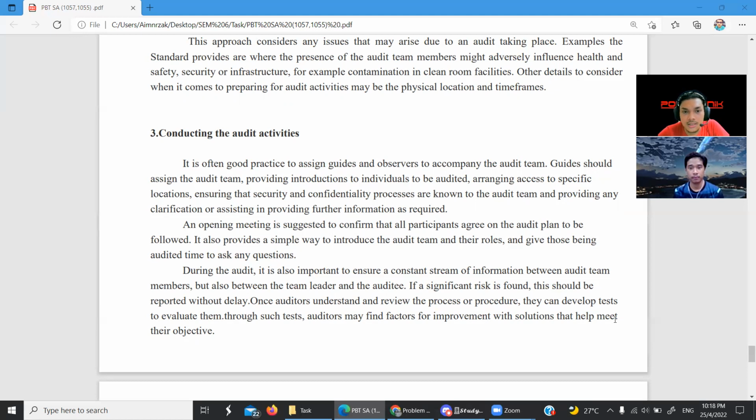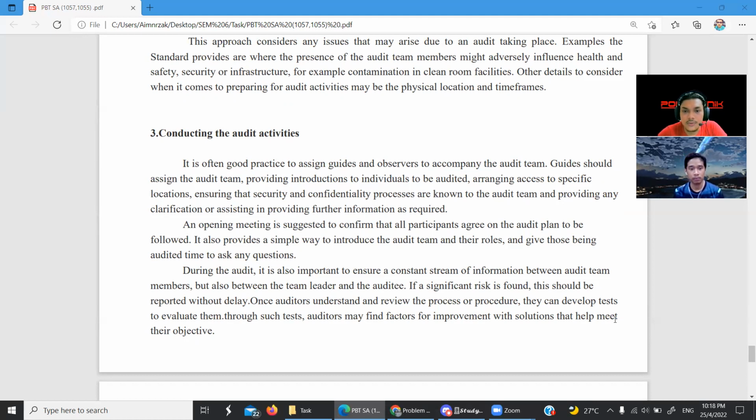It also provides a simple way to introduce the audit team and their roles, and gives those being audited time to ask any questions. During the audit, it is also important to ensure a constant streaming of information between audit team members, but also between the team leader and the auditee.